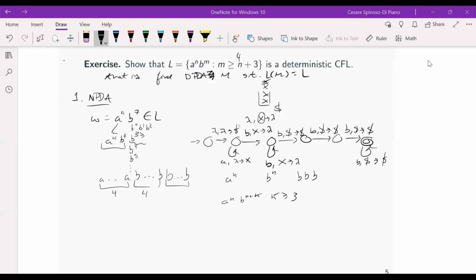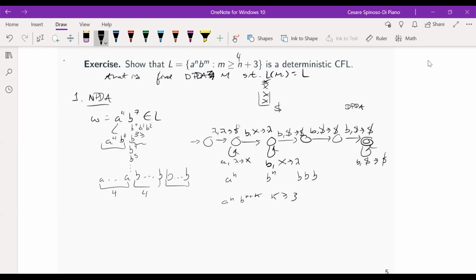This is an NPDA, but actually it's even better. It's a DPDA, because there are no choices. I was trying to show you a way of making an NPDA and then showing why it's not.